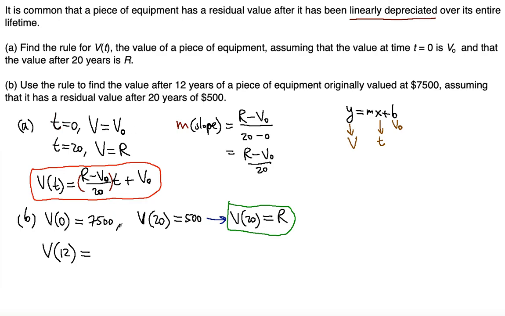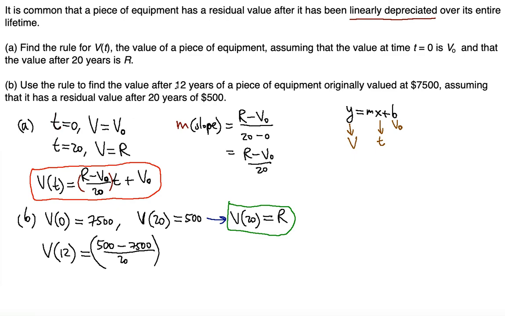So now r value is going to be 500, because v of 20 was 500, v of 20 is also r, so r must be 500. So it's going to be 500, substituting here, minus the initial one, which is 7,500, divided by 20. Let's use parentheses this time just in case, multiplied by the t.